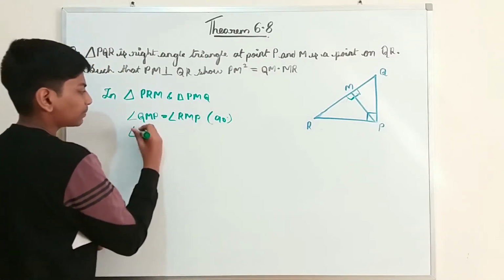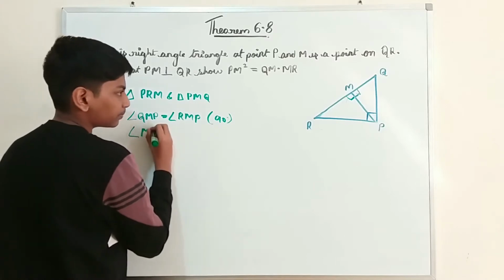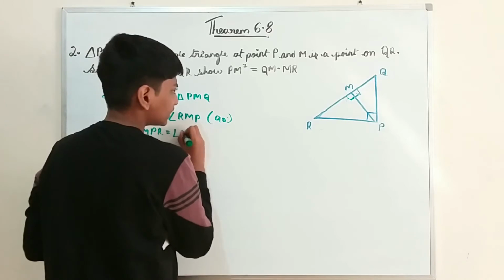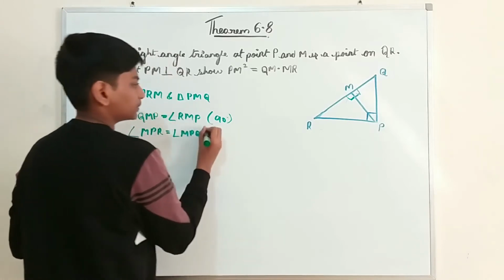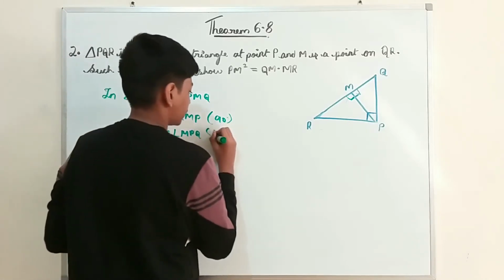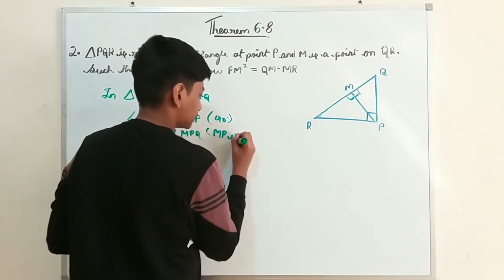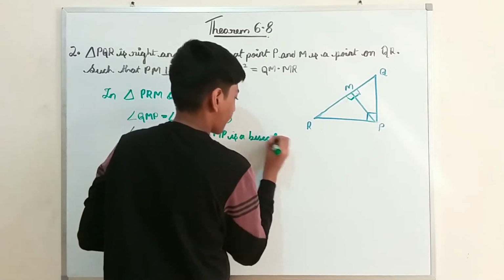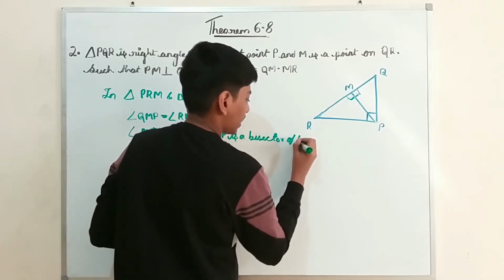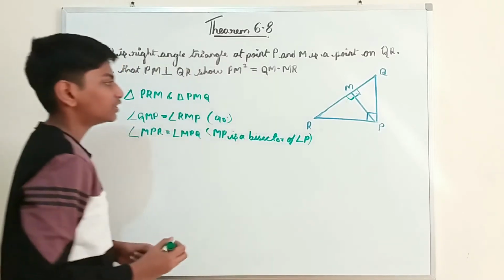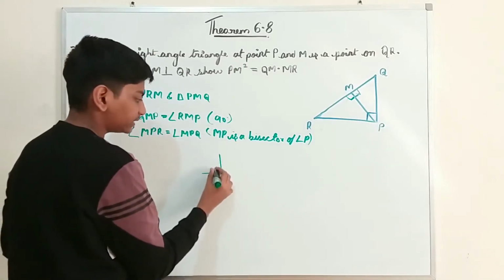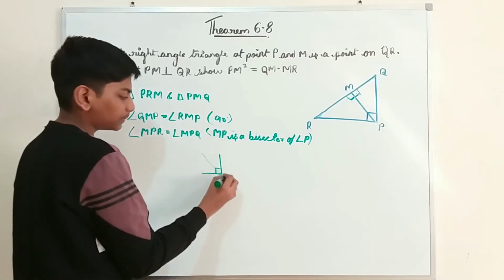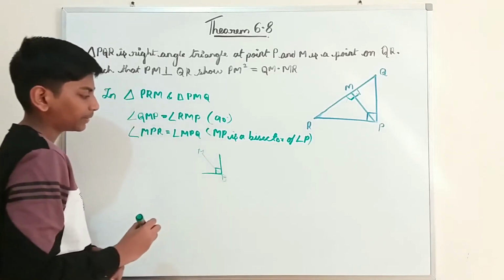It can be angle MPR equal to angle MPQ, because MP is a bisector of angle P. So there's an angle over here of 90 degrees, and I am bisecting this angle through BM. So what happened?